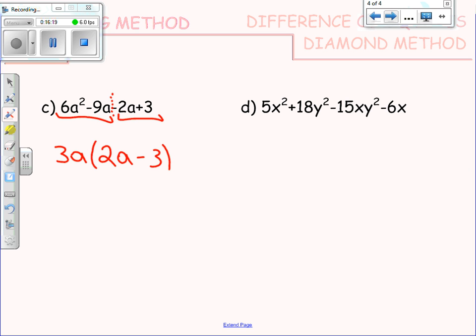Negative 2a plus 1. Bit of a trick. What are we going to factor out? Emma, what do you think? Just negative 1. We can't take any a's out, and we don't have any numbers that divide into both 2 and 3. All we have is 1. But we want to take out a negative 1 because we looked right here and saw we wanted to result in a negative.